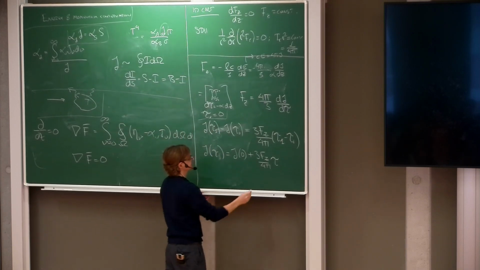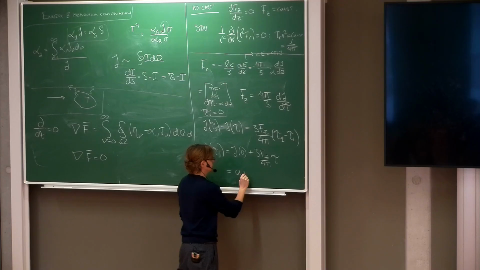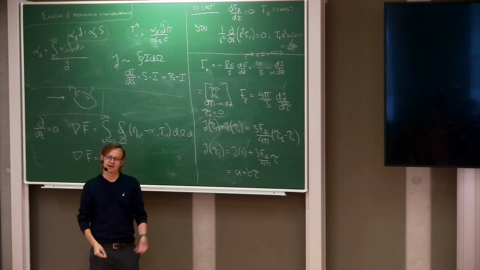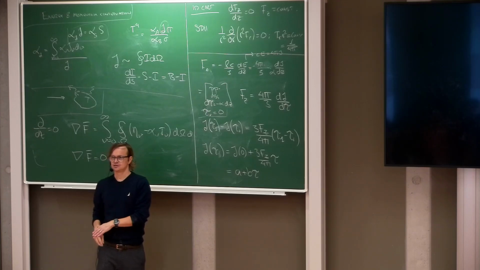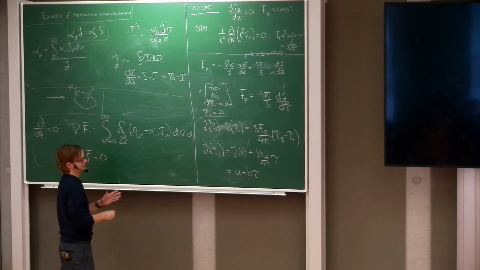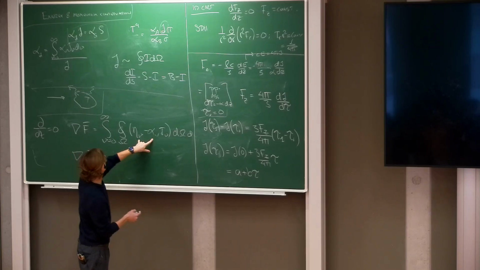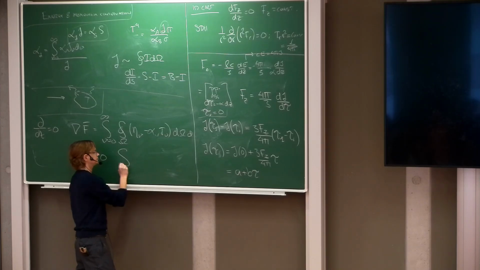Now, why is this interesting? You see that this is of the form A plus B tau, where this is a constant and this is another constant. Previously, when we started with the radiative equilibrium assumption, we said let's assume we have gray opacities.